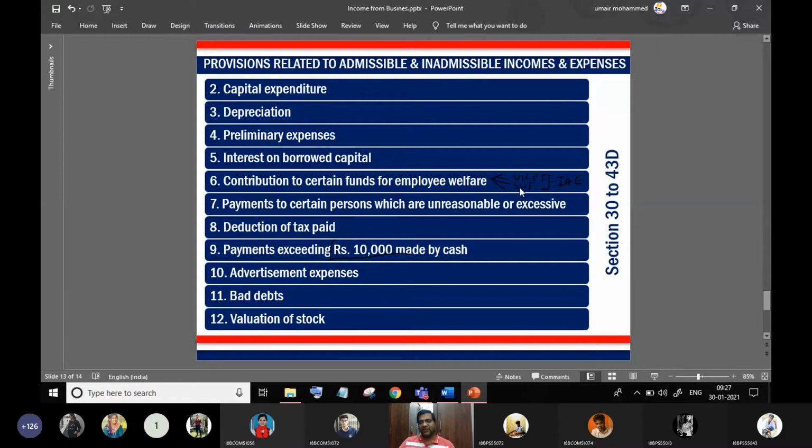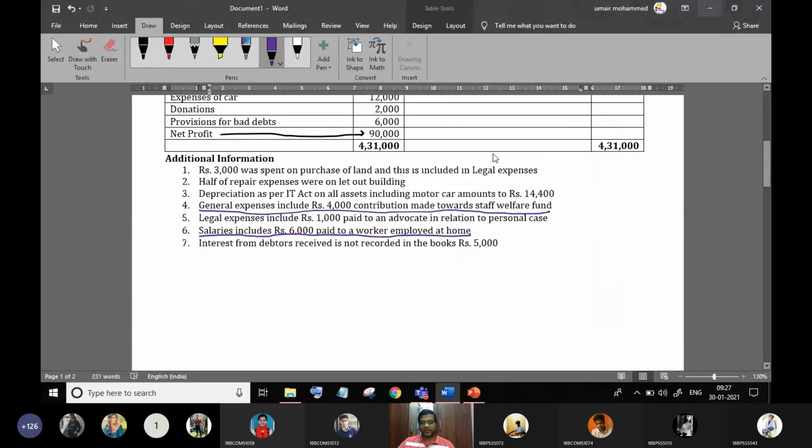The reason is that the employer collects some amount of contribution for employees and gives it to the employee who is in need, who is in emergency. So there is a possibility that the employer might misuse this fund, and there is no proper monitoring of these funds. So that's the reason the income tax department says okay, it is inadmissible. We can't allow this, right? Therefore, staff welfare fund is an inadmissible expense.